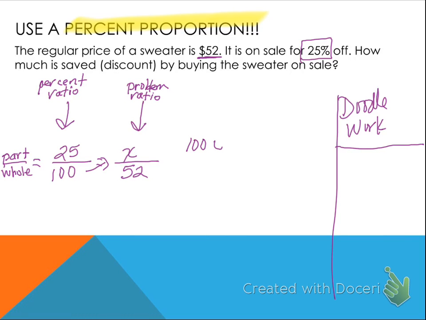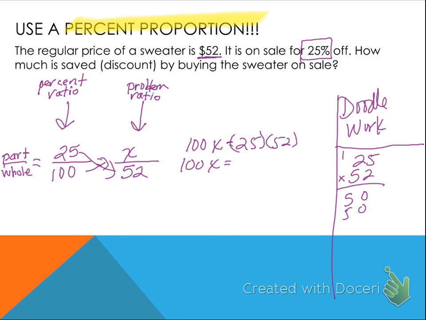So I have 100x is equal to 25 times 52. And then over in my doodle work, I'm going to have to work out 25 times 52. And I get 1,300. So I've got 1300.